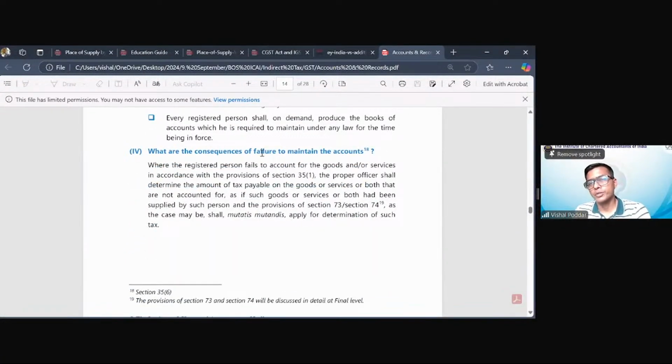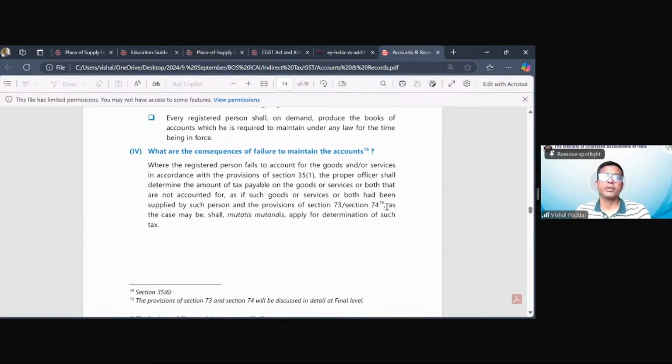What are the consequences? Now we all know where law provides that something should be done or should not be done, and if you do not comply, the consequence is always penalty. Here there can be no interest because there is no tax evasion as such. So here there is only penalty for not complying with the provisions of law. Where the registered person fails to account for the goods or services in accordance with the provisions of section 35, the proper officer shall determine the amount of tax payable on the goods, services or both that are not accounted for, as if such goods or services have been supplied by such person.